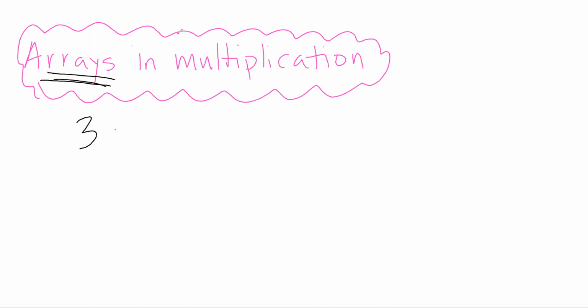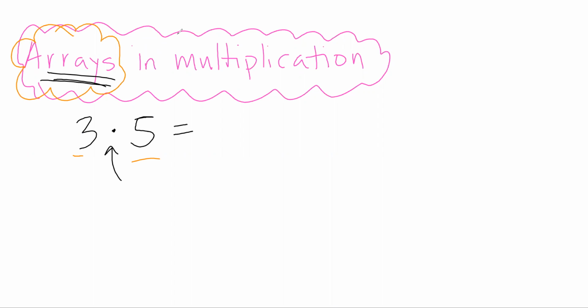So really what that means when we're multiplying numbers, remember that can mean multiplication, right? So 3 times 5. What this really means with an array, like how do we model this array?